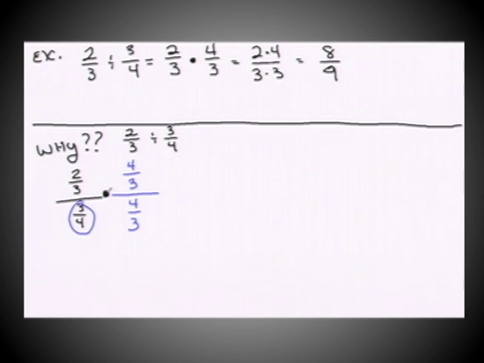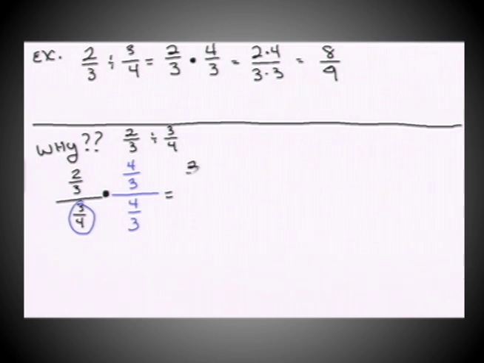I'm not fundamentally changing this compound fraction. I'm just working with it to make it in its acceptable form here. So multiplying by 1 in the form of 4/3 over 4/3. Now we can go back to our rules for multiplication of fractions, which just says I multiply fractions straight across, and I'm talking about the big fractions here.